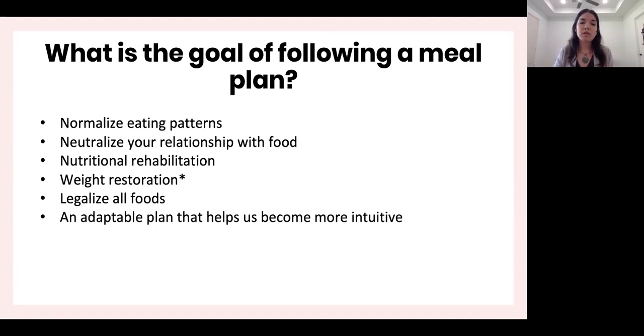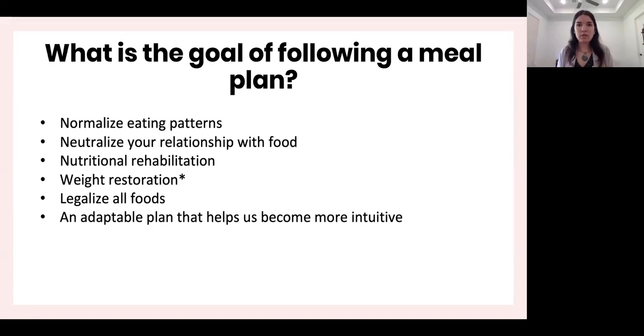And the meal plan is an adaptable plan that helps us become more intuitive with eating. What I mean by that is it's just a more natural way of eating and you don't have to think about it so much. In the beginning, having a meal plan might seem very structured, and, oh, I have to follow this.